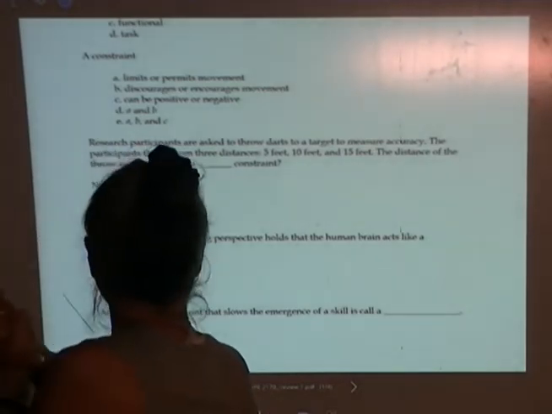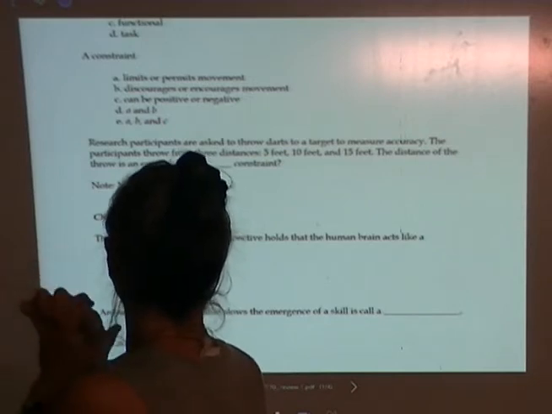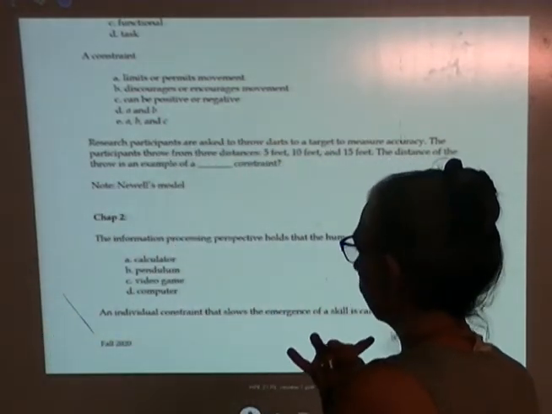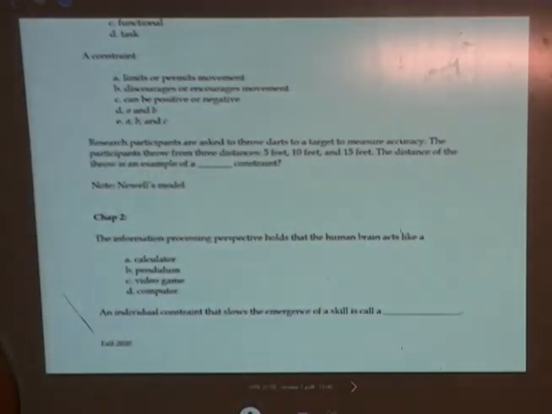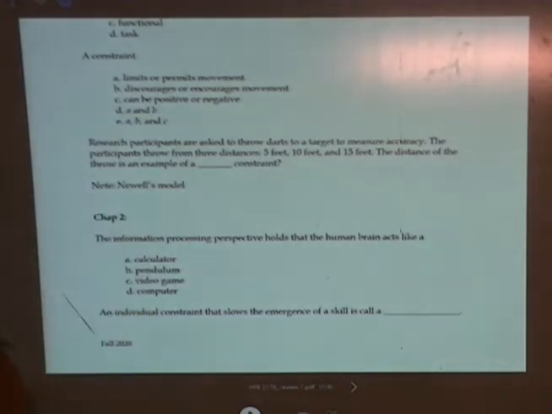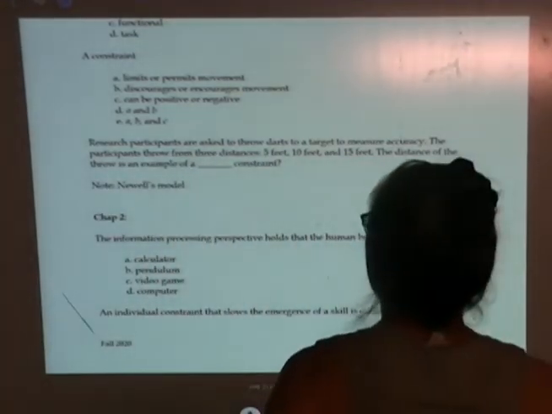Okay. Second question. Kayla, an individual constraint that slows the emergence of a skill is called a... Something that slows the emergence of a skill would be called, I'm trying to think here. So it falls under individual constraint?